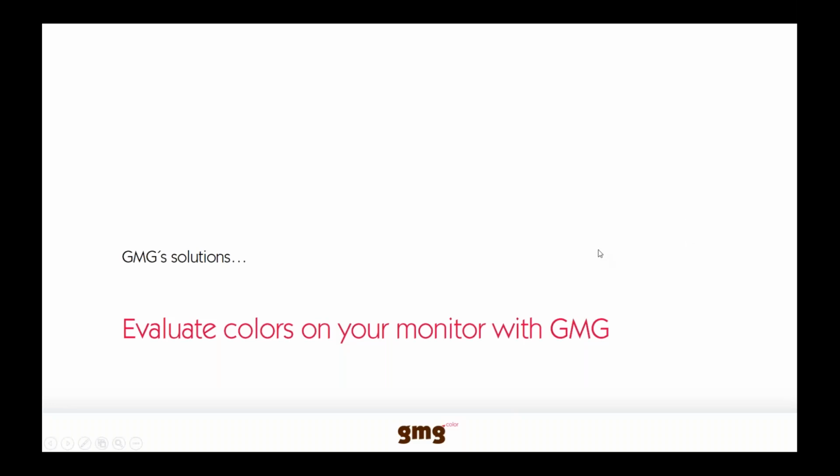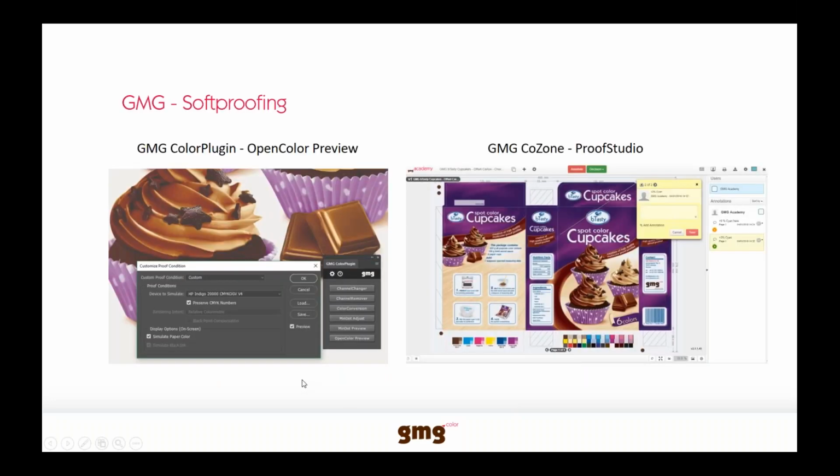The main two tools I will show you today start with the GMG Color plugin. It's connected with GMG OpenColor. I guess some of you are already familiar with that. You can also make conversions into special printing use cases, like in this case a CMYK orange, green, and violet process, and you can also display it in Photoshop.